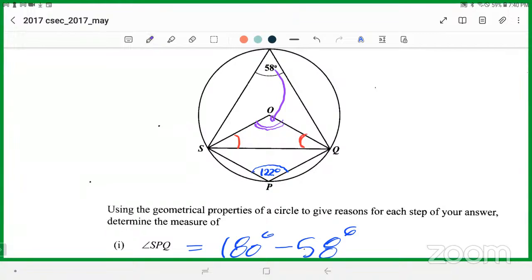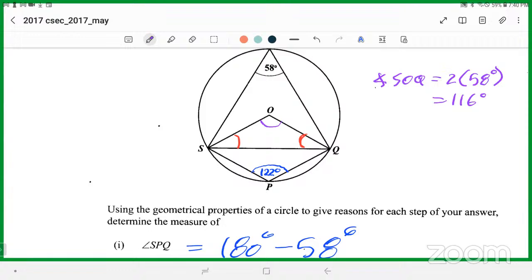So they didn't ask for it, but I'm going to put it on the diagram as my solution. So I'm going to mark it on the diagram here and just say it is angle SOQ. Angle SOQ is 2 times 58 degrees, which is 116 degrees.